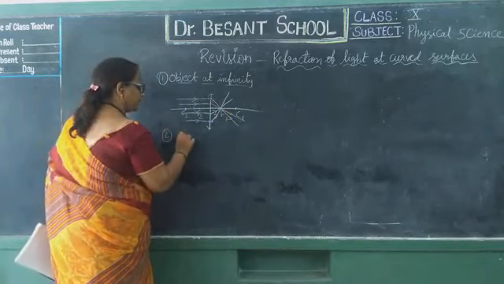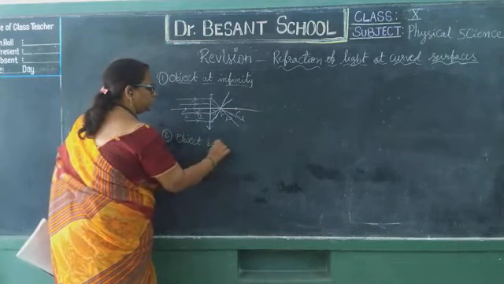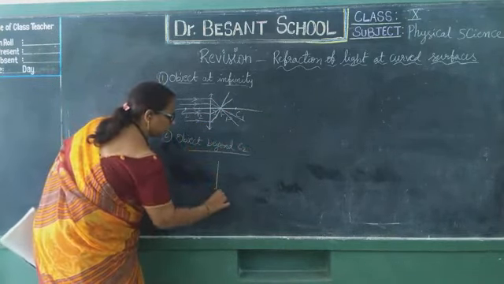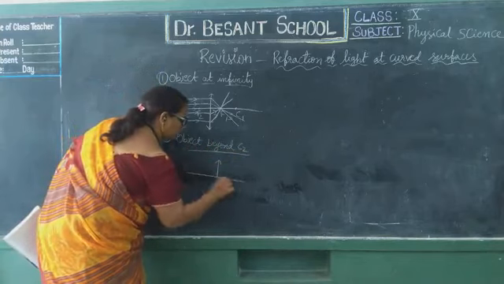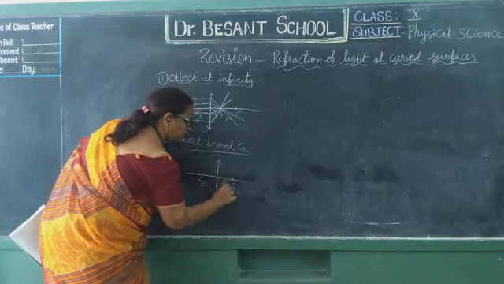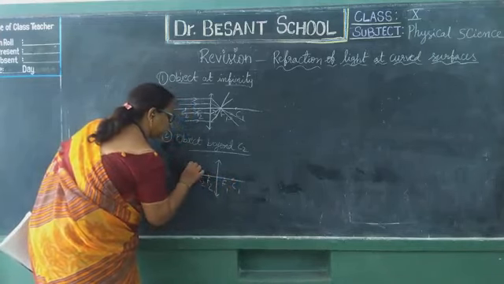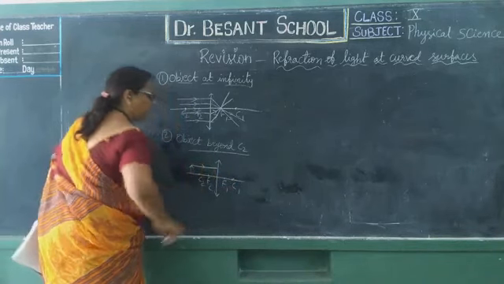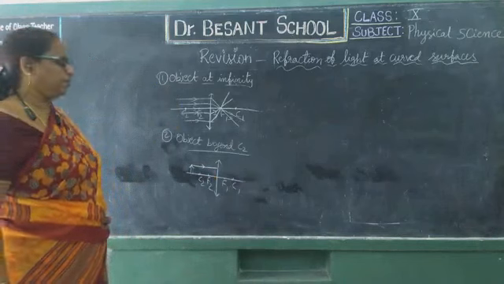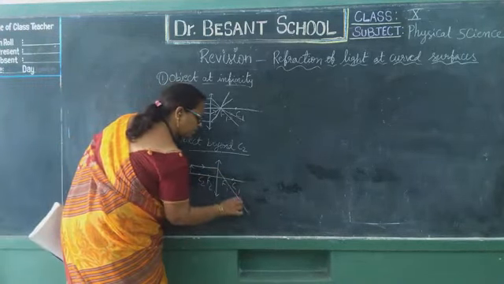Next, object placed beyond C2. C2, C1, F1, F2. The object is beyond C2. Two rays you will consider from the behavior of light rays. What are the two rays? One is parallel to the principal axis and passing through focus.